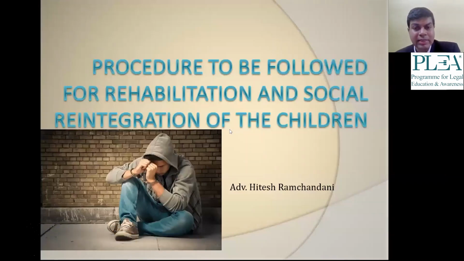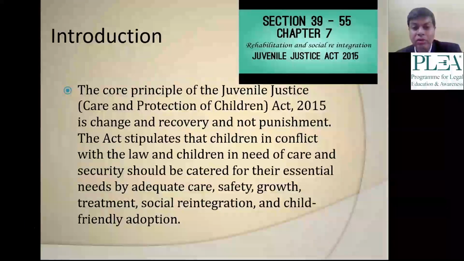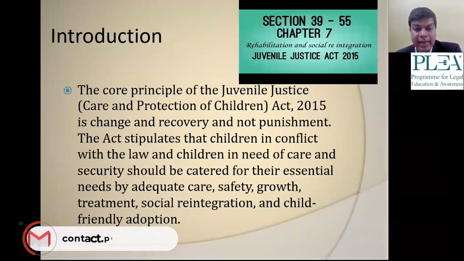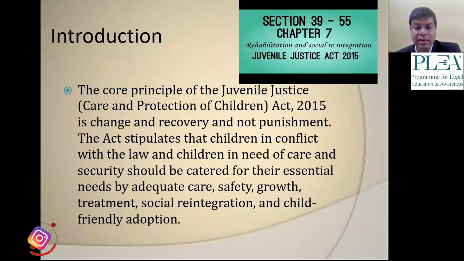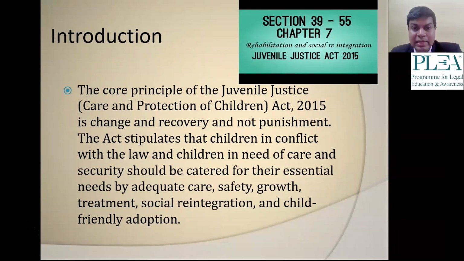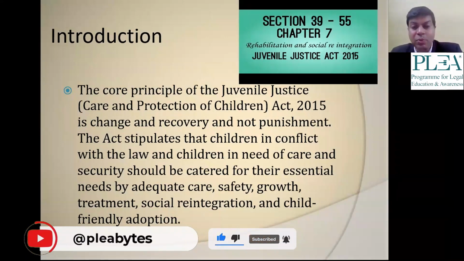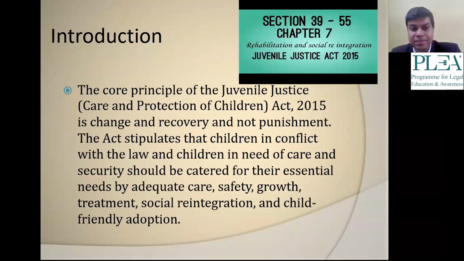The Act stipulates that children in conflict with the law and children in need of care and protection should be catered to for their essential needs through adequate care, safety, growth, treatment, social integration, reintegration, and child-friendly adoption. So the principle of the Act is reform and recovery, and not to give harsh punishment to the children.